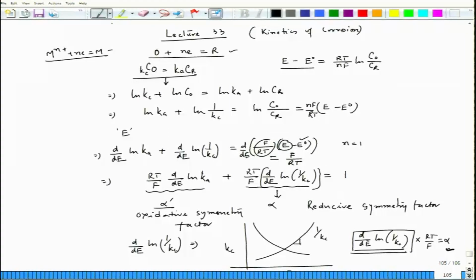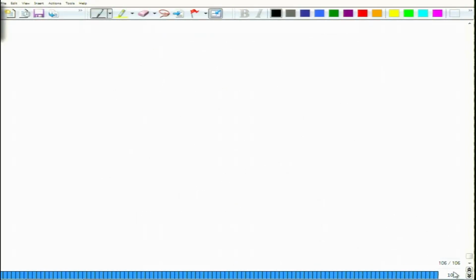Of course, the other part is the oxidative symmetry factor, which is related to the oxidation K_A value, the rate constant.